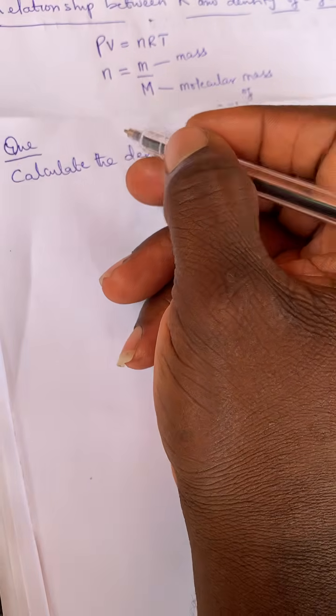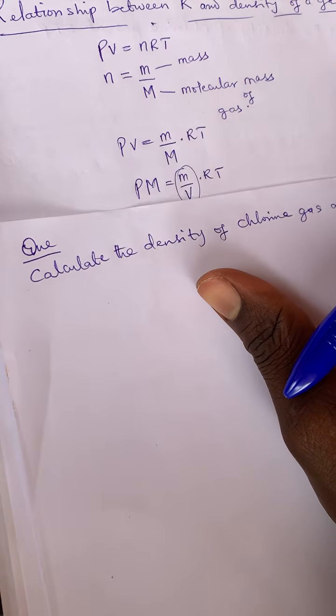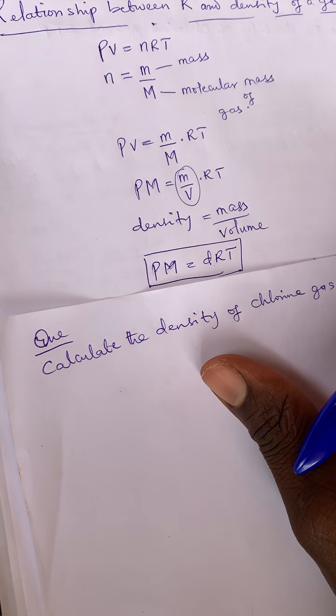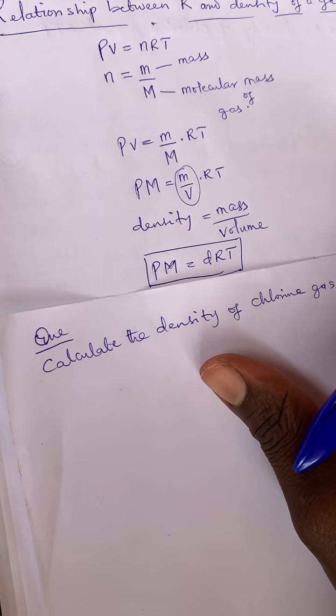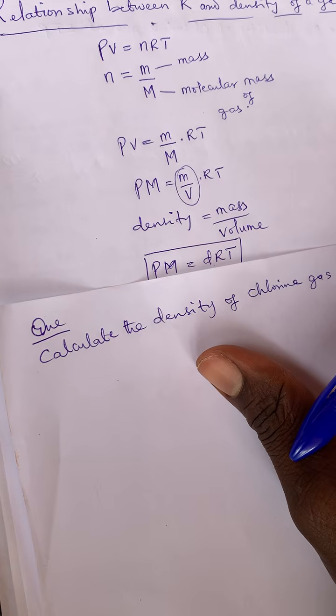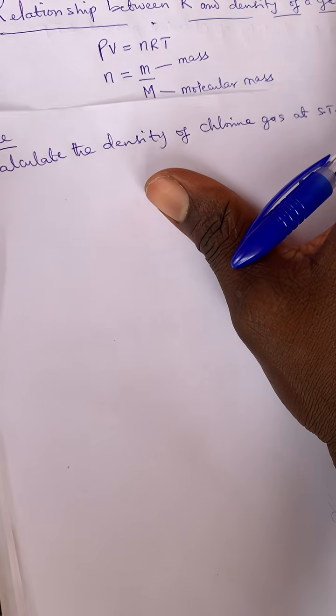Okay, now we saw in our previous video the relationship between R and the density of a gas, and we arrived at the equation that relates the density of a gas and the universal gas constant: PM equals dRT.